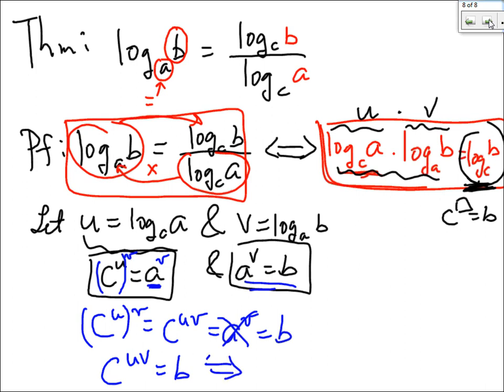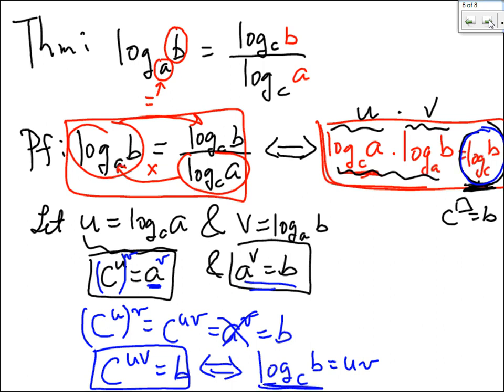But this statement is exponential. I'm going to write it in logarithmic form. This is log base c of b is equal to u times v. I got it. Log base c of b is exactly what it says here.